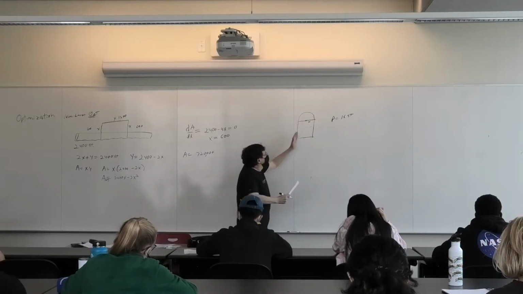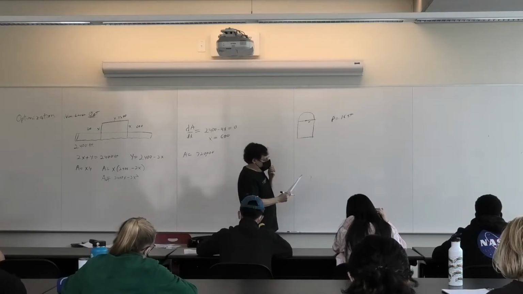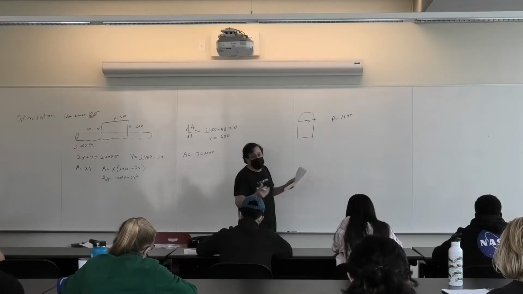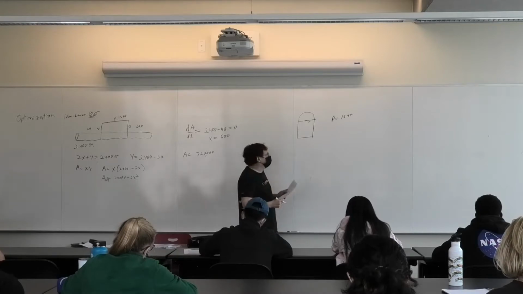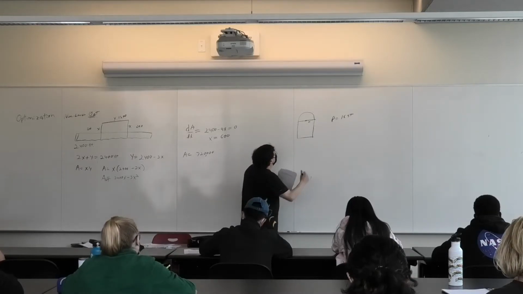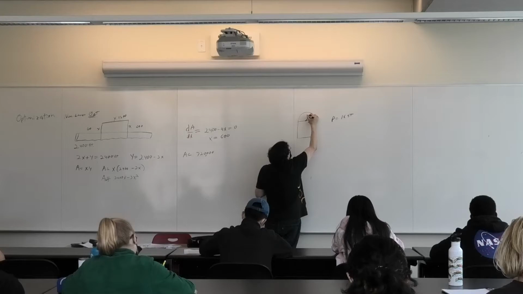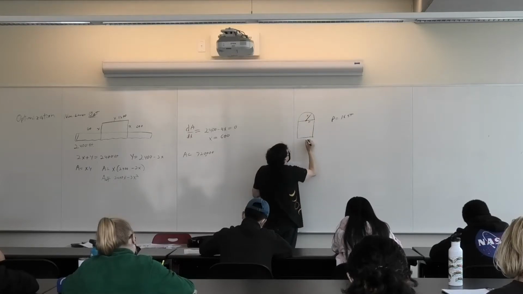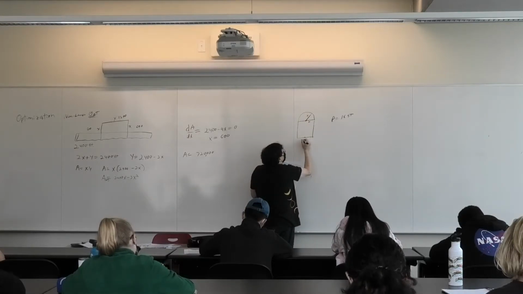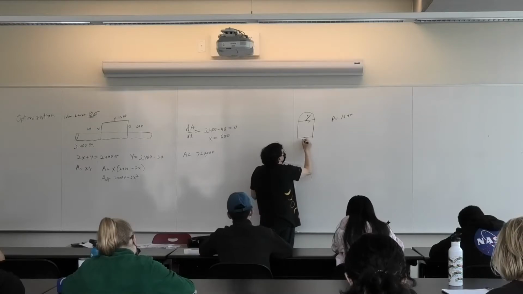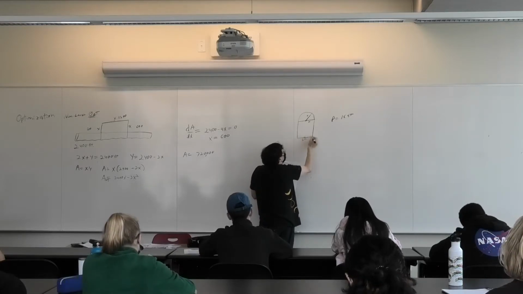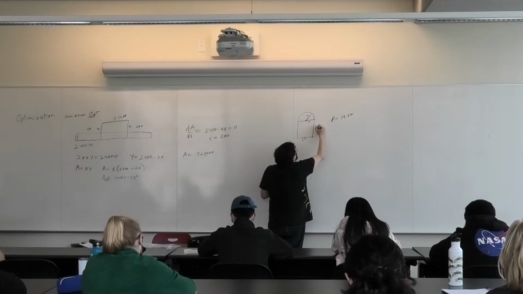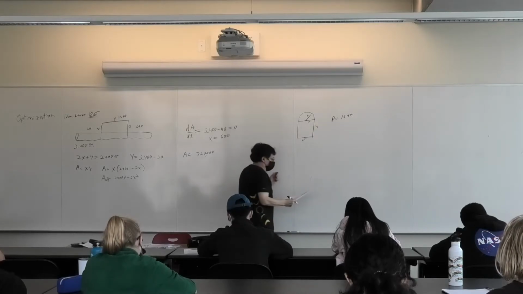And we want to maximize the area, how much light you can get through it. So if r is the radius of our circle, this side here is obviously going to be 2r with the diameter, and we have some height here that's unknown.